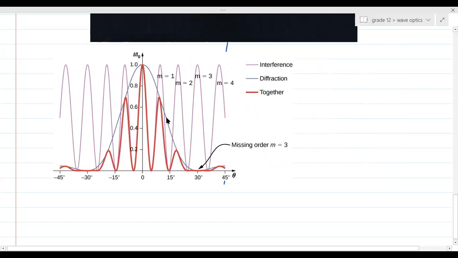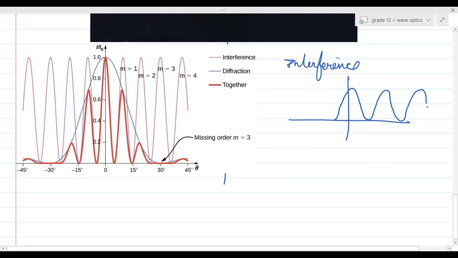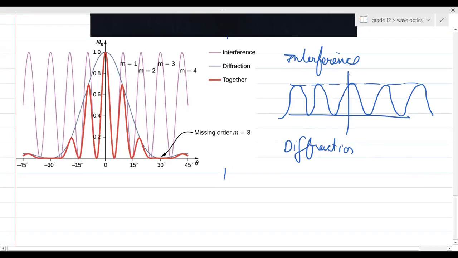Yes, guys, can you see a curve like this? If you want to draw only for interference, then you'll draw a curve like this. If you want to draw only for diffraction, can you see the height of the peaks is basically the same, right? In the case of diffraction, what is happening?